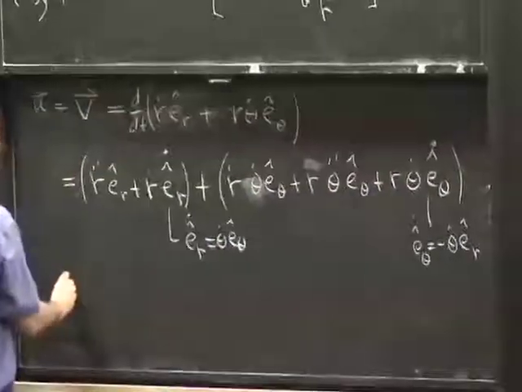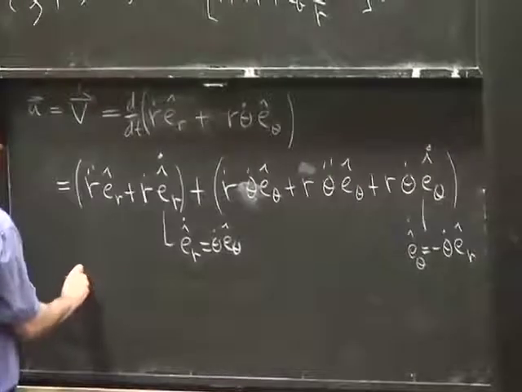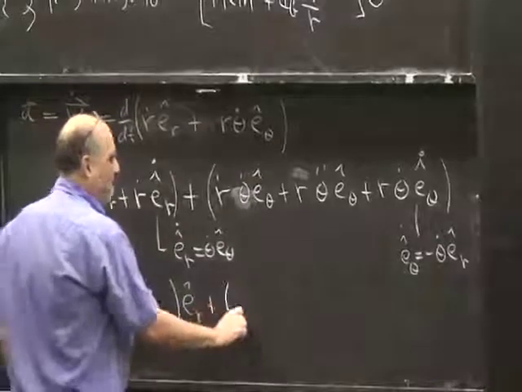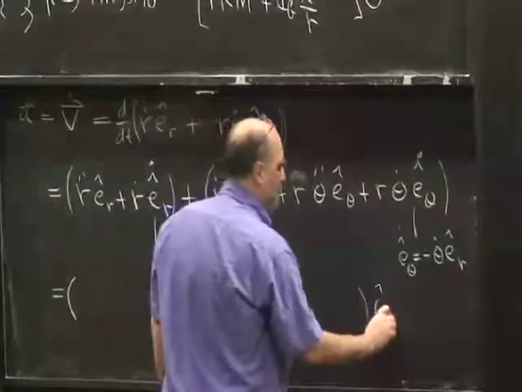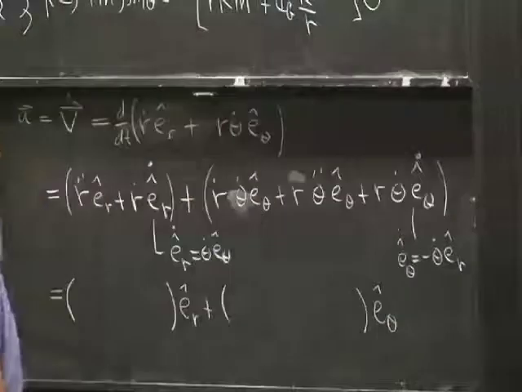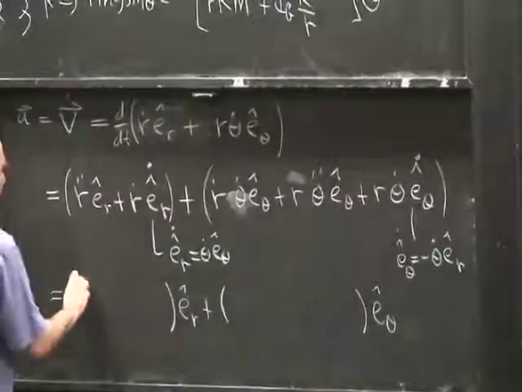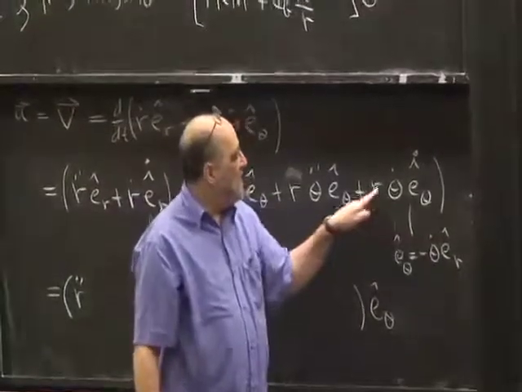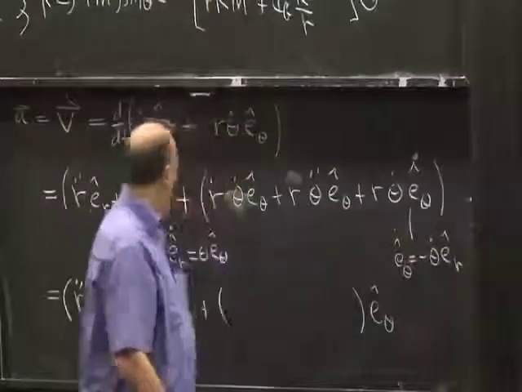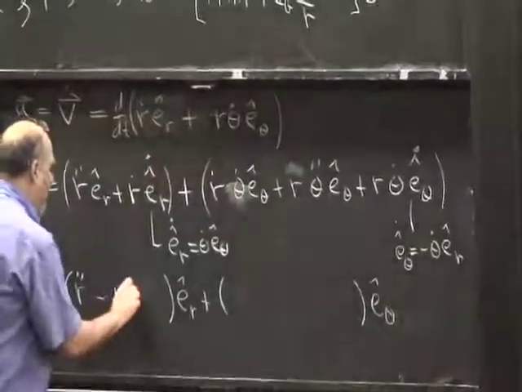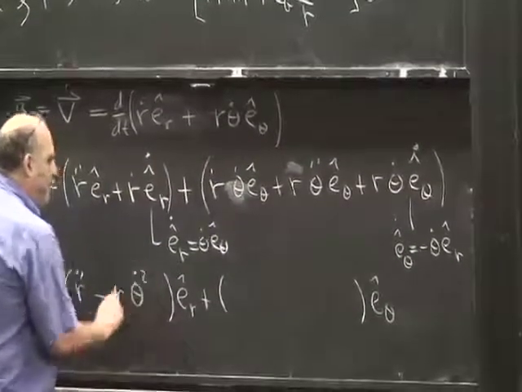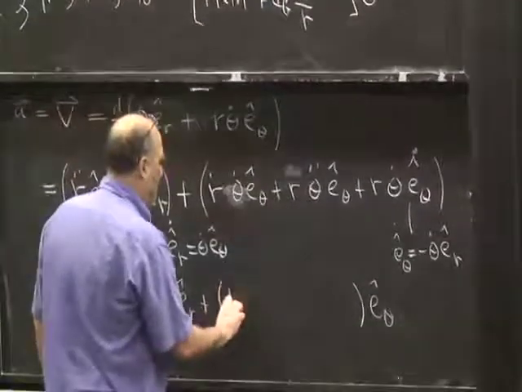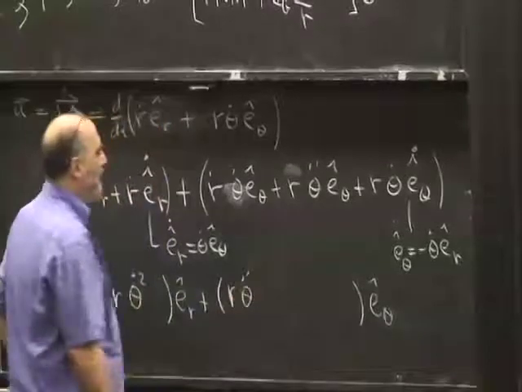And then we can collect terms. When we collect terms, we get something multiplied by e sub r, and something multiplied by e sub theta. What do we get multiplied by e sub r? We get this r double dot term. And what else do we get? We get minus r theta dot squared. What do we get in the e sub theta direction? Well, we get this easy term to understand, r theta double dot.